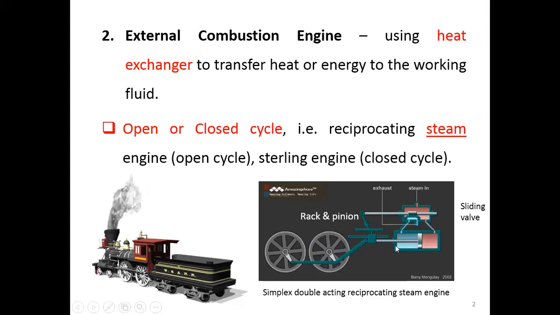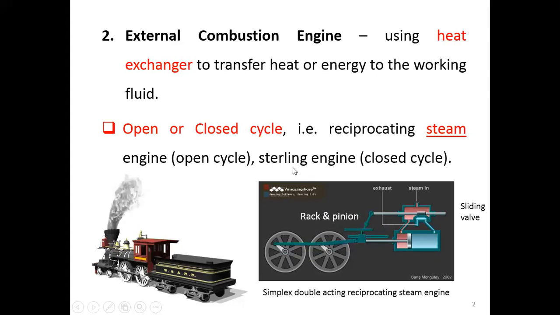So we need a mechanism to change the linear motion into rotational motion, and that mechanism is called a lag and pinion. I will show you this mechanism in more detail later on.